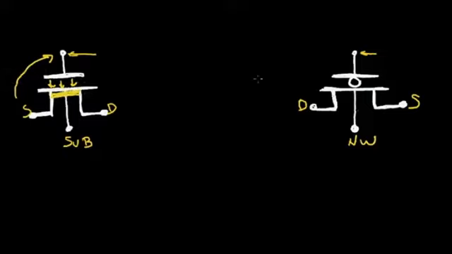Now, in a similar way, I like to think of the source voltage perhaps at plus 5 volts, and I decrease the gate voltage to a lower voltage than the source, and I get an electric field in this direction that inverts this channel region and causes conduction between the source and drain.